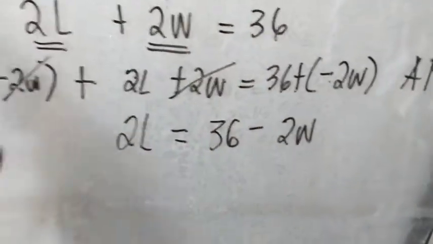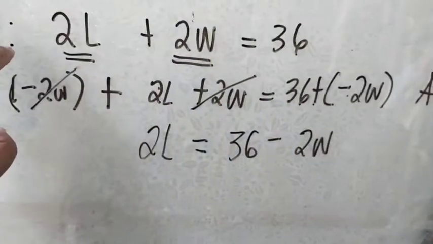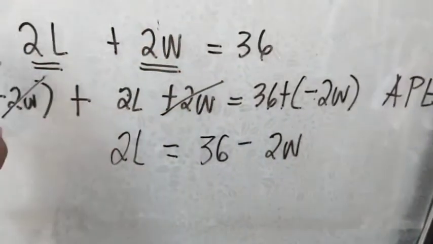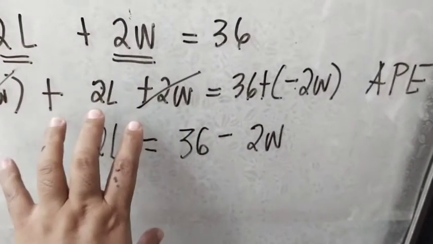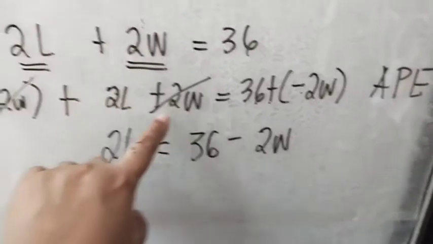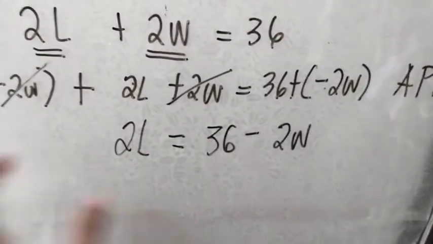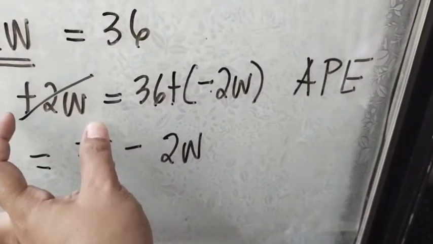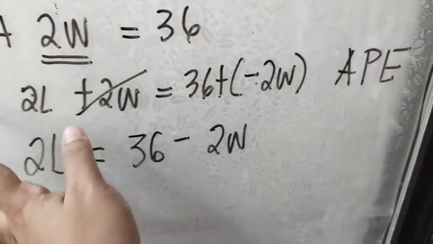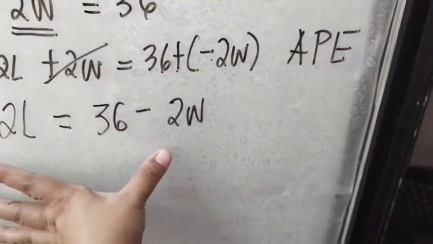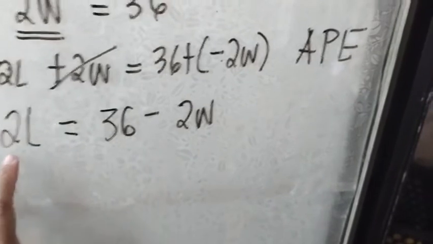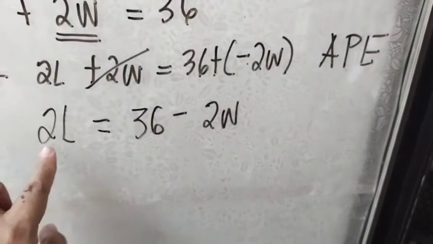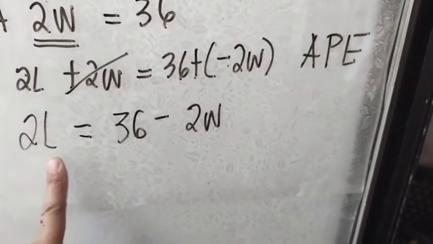Within this equation, sa left side, kailangan nating ma-eliminate ito para matira si 2L. Dito naman, bakit hindi multiplicative inverse ni 2 ang gagamitin sa pag-zero? Kasi kapag ito ginawa mong 0, mawawala na tayo ng L.